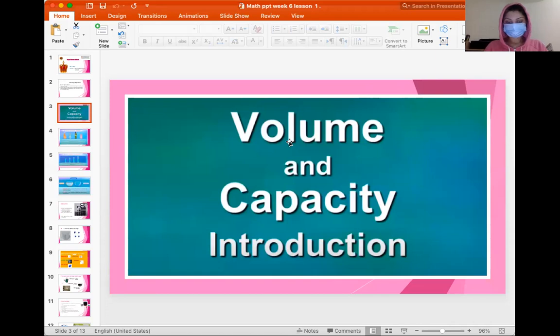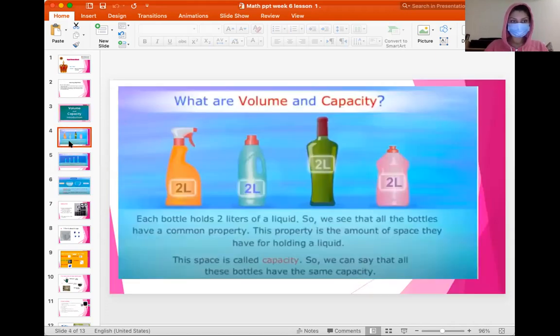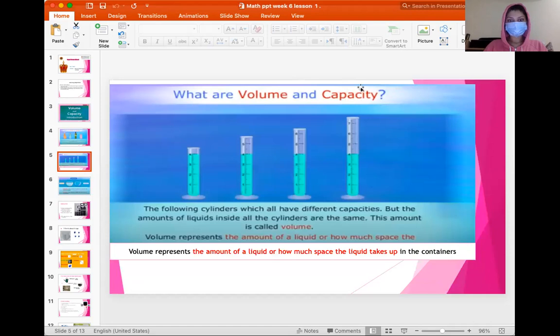Now we have understood the difference between volume and capacity. Here, the volume and the capacity is 2 liters. Here, the volume is 4, but the capacity is larger. Okay.